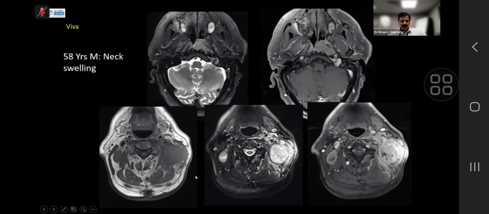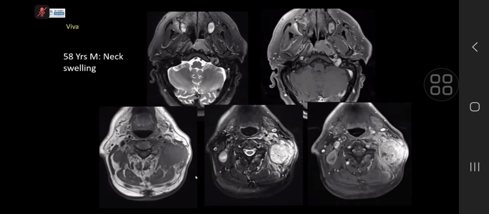This patient, candidate 2, can you hear me? Yes. Now, if you see here, this patient presented with lymphadenopathy, basically a swelling in the neck. And they did an ultrasound which showed that it is malignant.